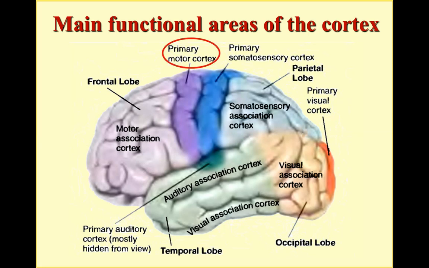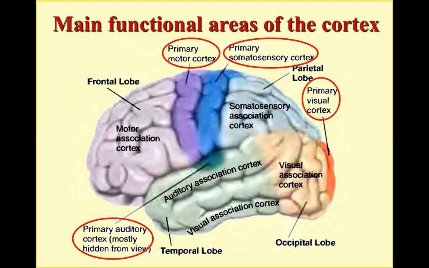Look: first, the primary motor cortex, the precentral gyrus; the primary somatosensory cortex, the postcentral gyrus; a little portion of the auditory cortex, which is visible from the lateral surface of the hemisphere; and the primary visual cortex that occupies the most posterior occipital cortex. So practically all primary motor and primary sensory areas which can be seen at the lateral side of the hemispheres, and all remaining areas belong to associative cortical areas.